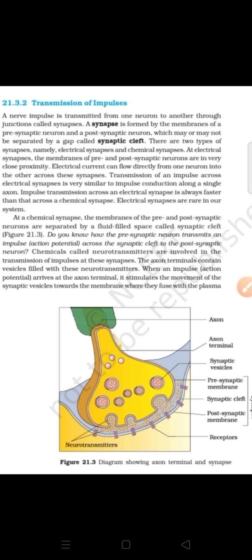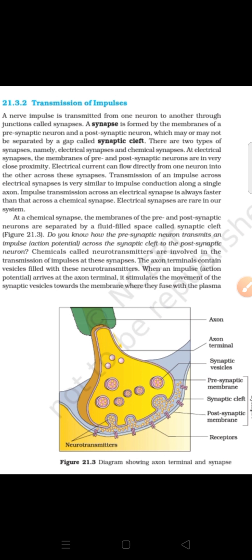The calcium ion pushes the vesicles, and from these vesicles neurotransmitter is released inside the synaptic cleft, and through the synaptic cleft some channels are present in the next dendrite. These channels get to open when this neurotransmitter attaches with it.